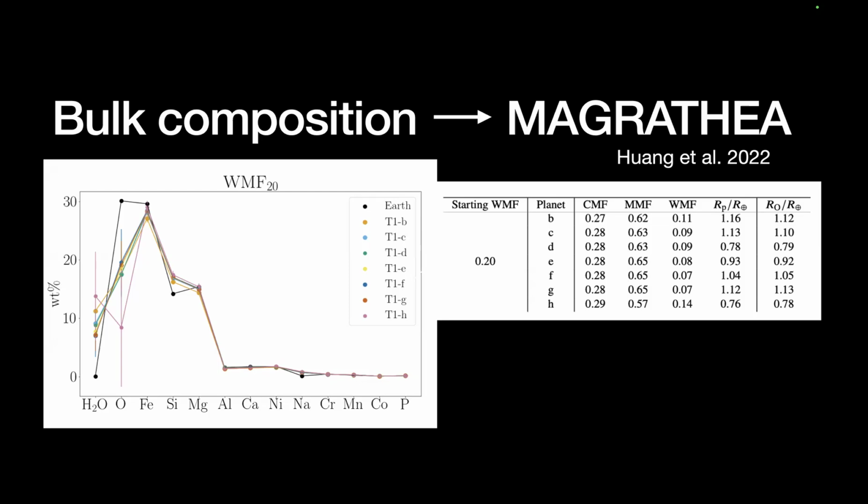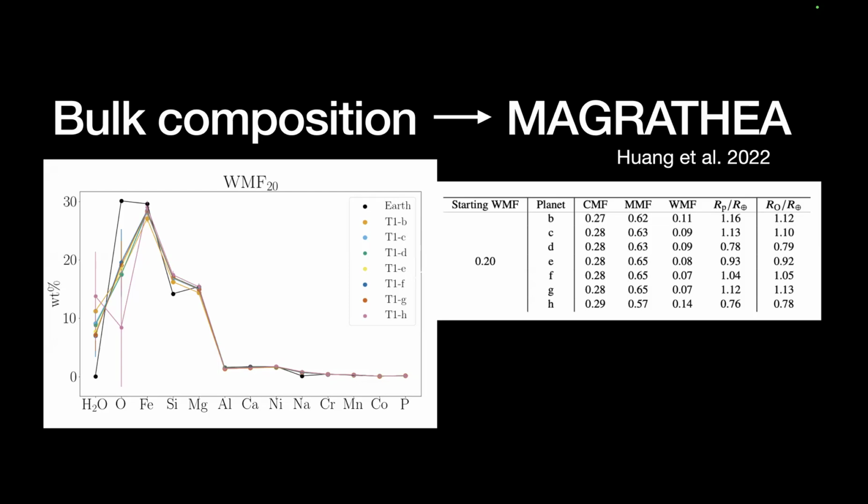So we take these bulk composition results and we feed them to Magrathea, which is an interior structure code created by a postdoc and some graduate students at UNLV. And what we did was we assumed that all of the iron goes into the core and everything else goes into the mantle. And we assume that all the water resides on the surface as a hydrosphere.